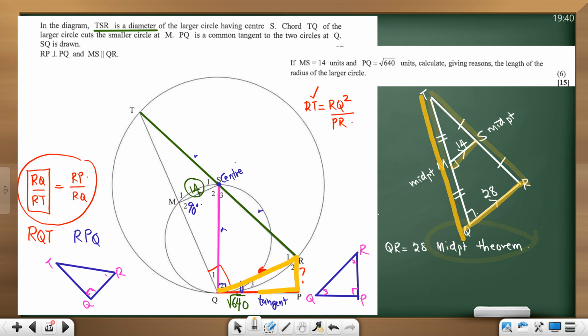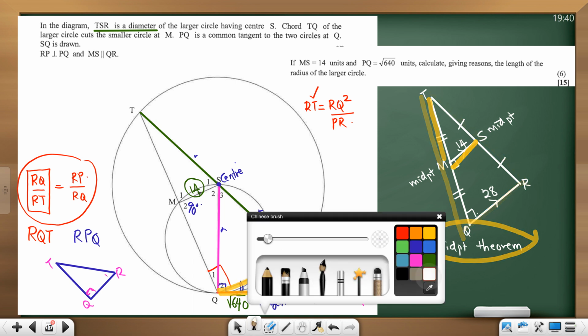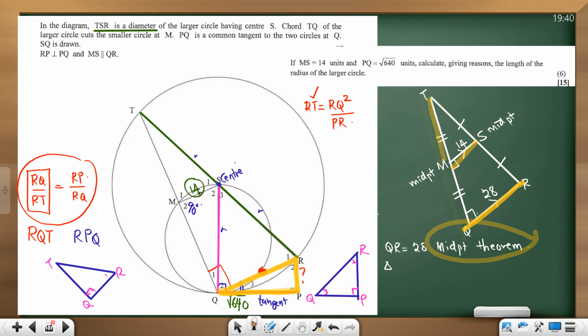Now, consider this. Do you notice I can use the theorem of Pythagoras on that side? Because it's a right angle triangle. Triangle PQR. I can then say what?